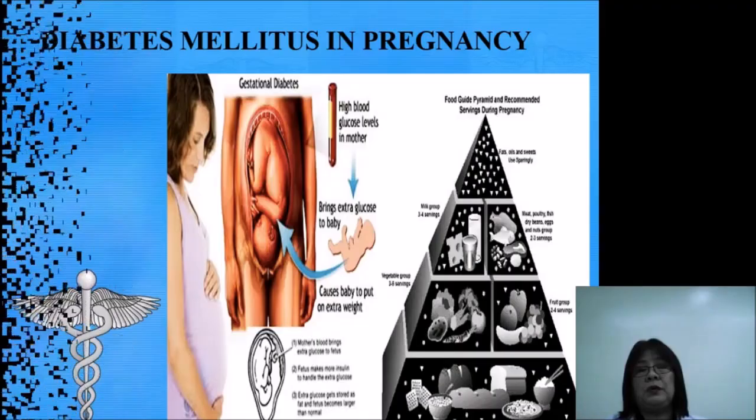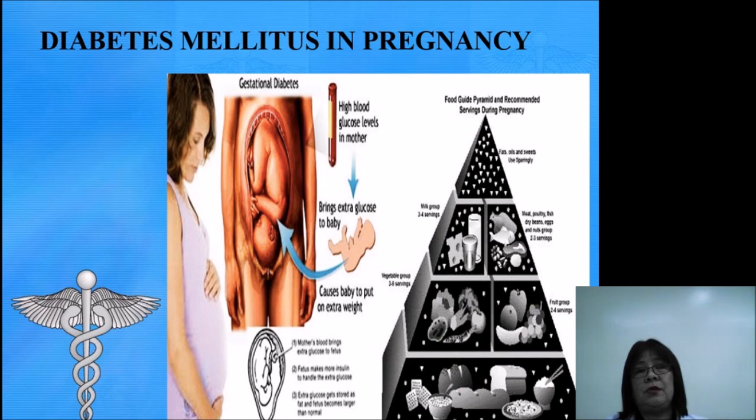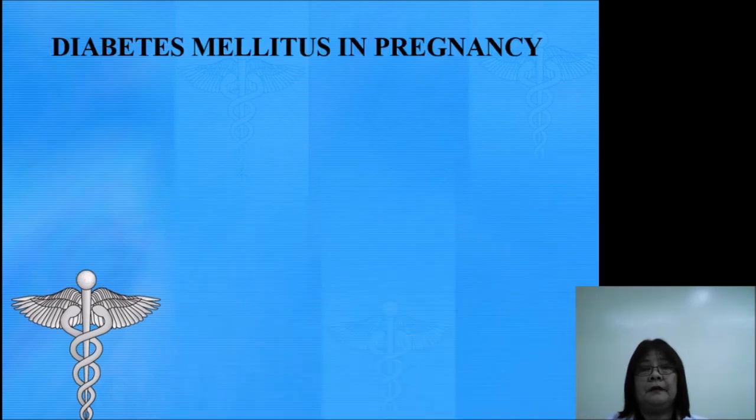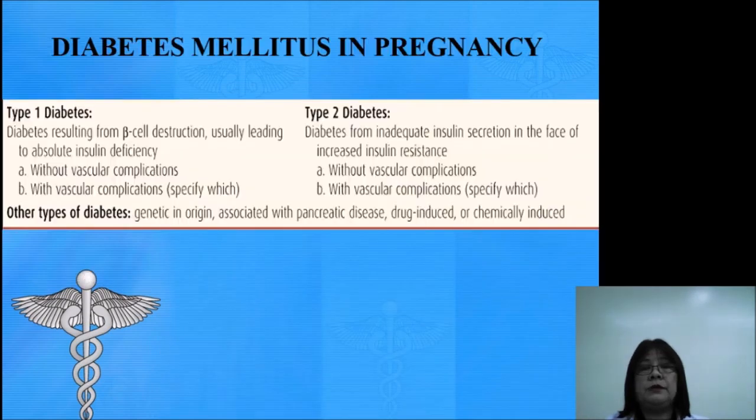Now, we will go to the next endocrine disorder in pregnancy, and this is diabetes mellitus. This is a common problem during pregnancy. So we have to classify what are the classifications of diabetes. We have the so-called pregestational diabetes, the type 1 and type 2. This is the same as your diabetes in a non-pregnant patient.